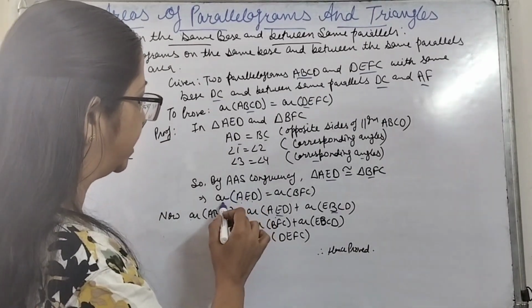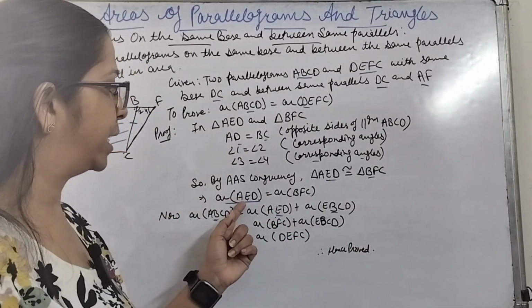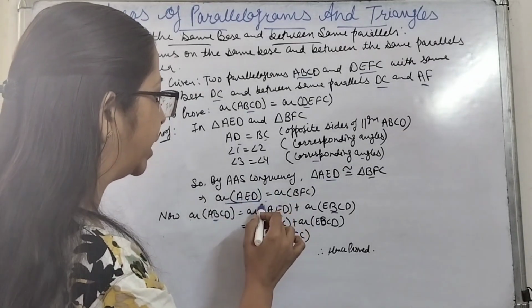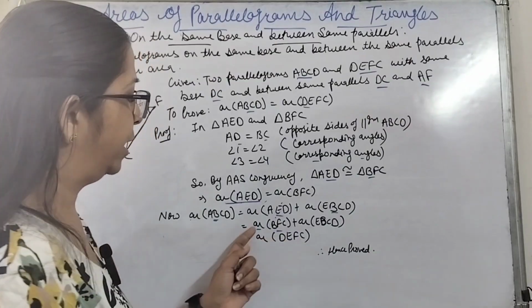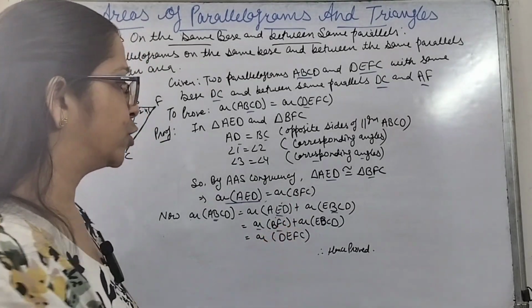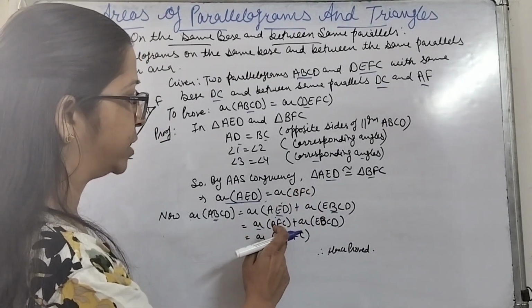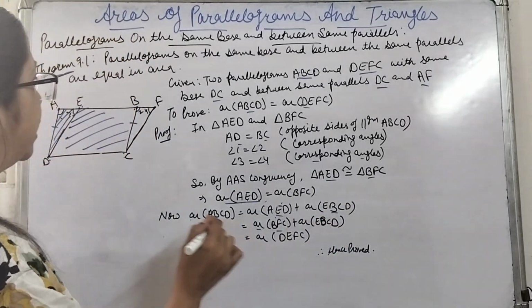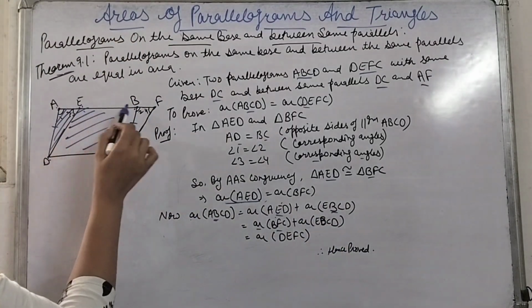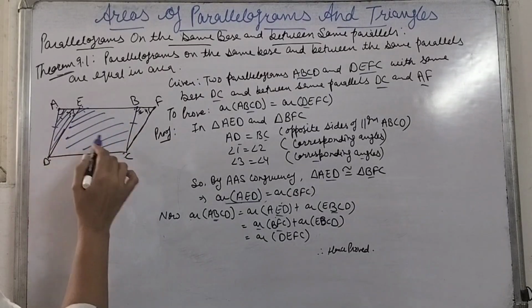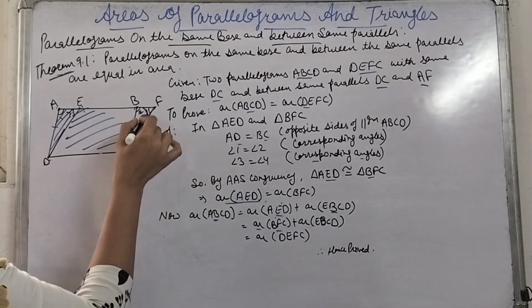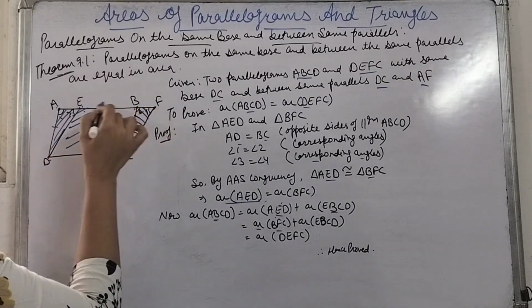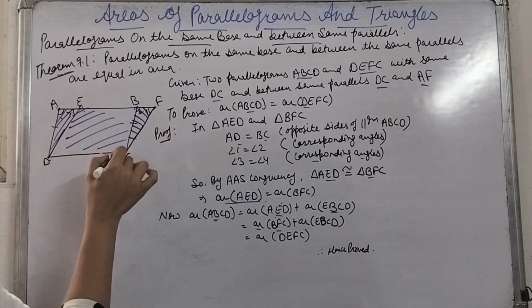Now just now we have said that area of triangle AED is equivalent to area of triangle BFC. So instead of AED, we can write area of triangle BFC also. So we have written area of triangle BFC plus area of EBCD. Now if we take area of EBCD plus area of triangle BFC, we will be getting the area of the parallelogram EFCD.